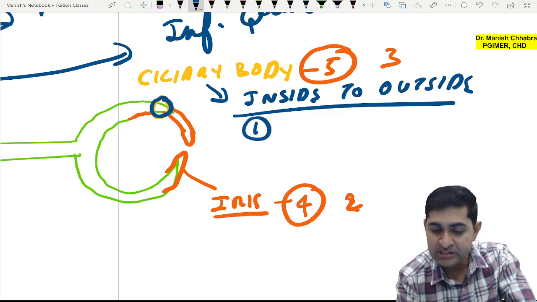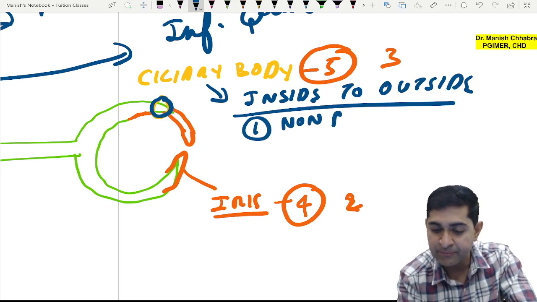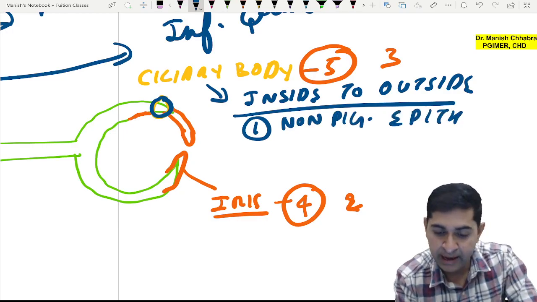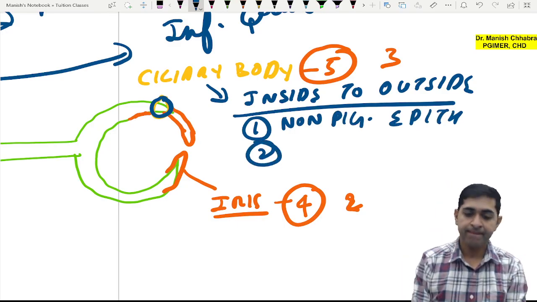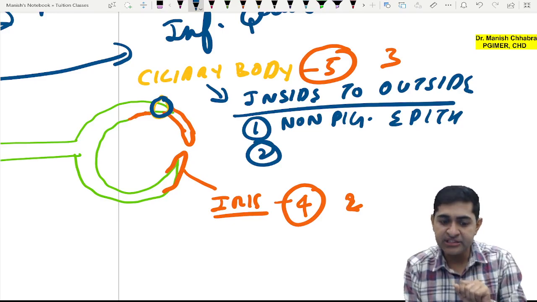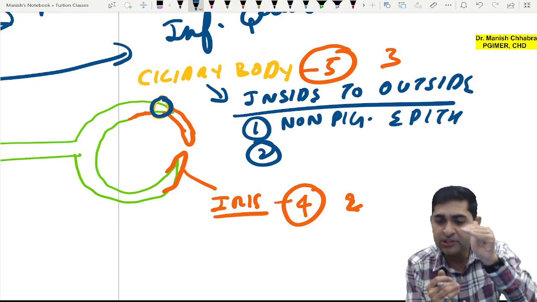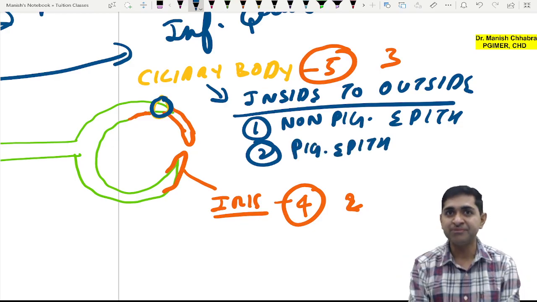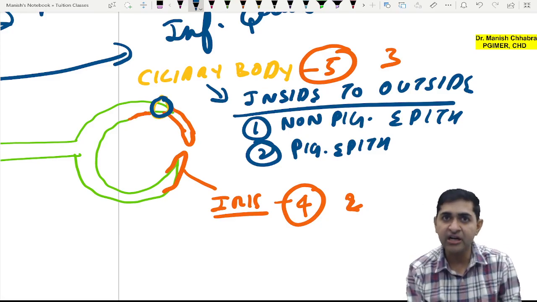So one is non-pigmented epithelium. Then the second layer is, of course, the continuation of retinal pigment epithelium. So it is your pigmented epithelium. Done? Okay, 2 layers are done.